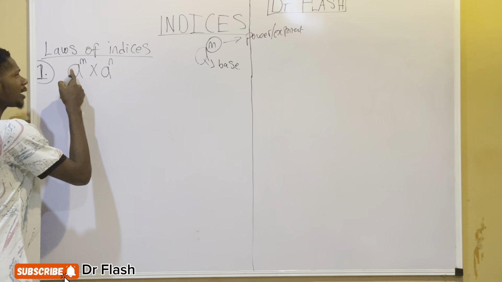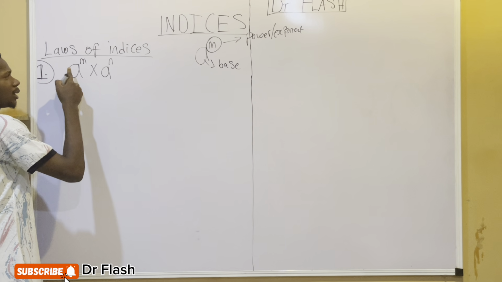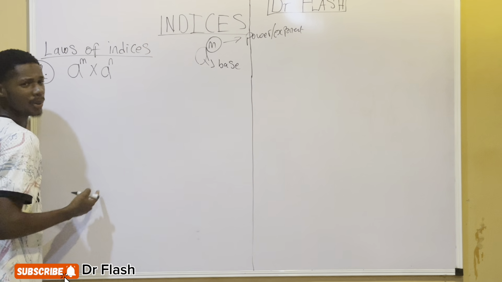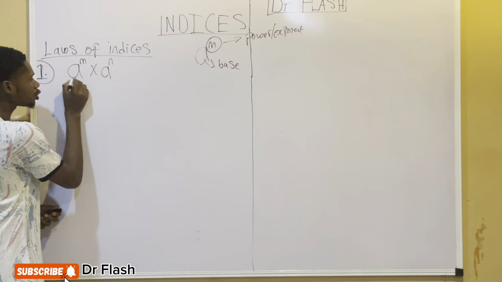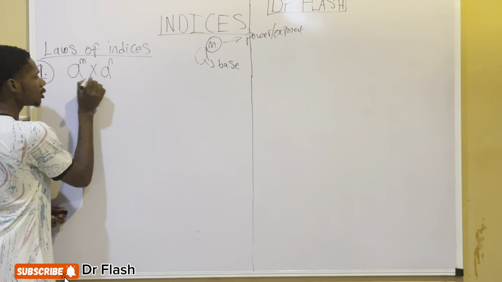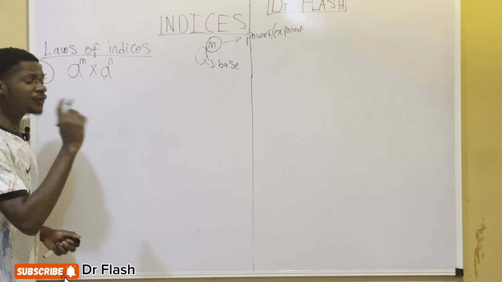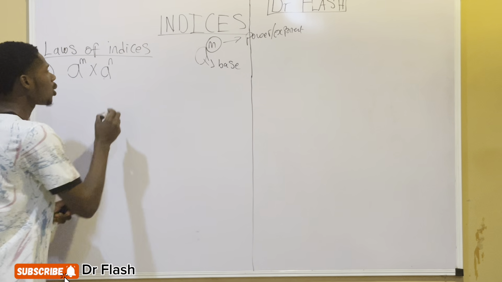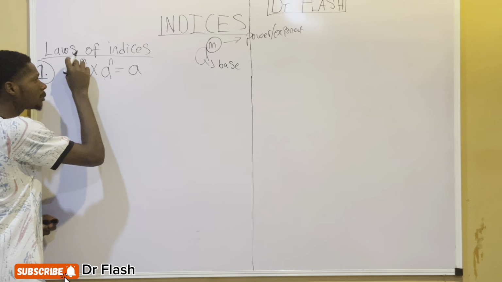Now come over here, a to the power of m times a to the power of n. We are having a number having a power multiplying another number having a power. Anytime this is happening, what we need to do is check the base. Know what the base is. If the bases are the same, we are going to pick one base and then we are going to sum the powers.